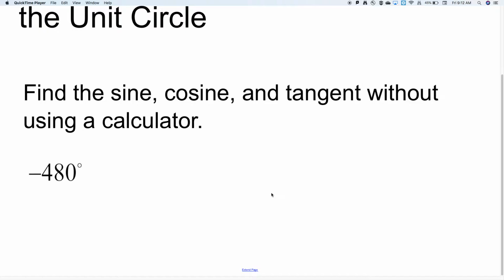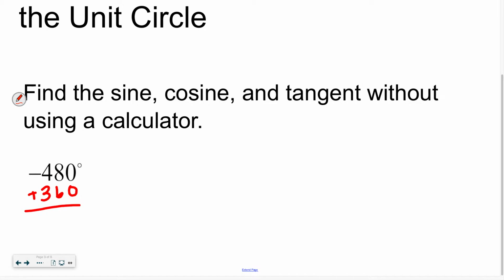Add 360. And of course, we're going to have to add 360 multiple times, right? So plus 360 is going to get me to what? Negative 120. And then plus 360 again is going to get me to 240.